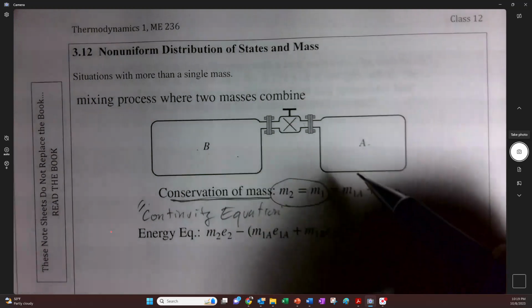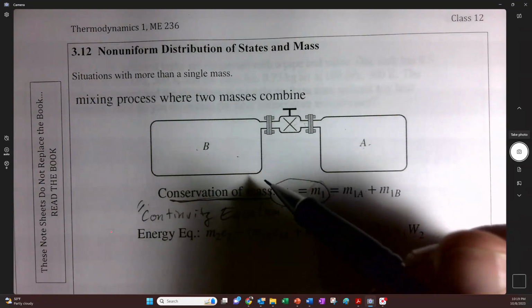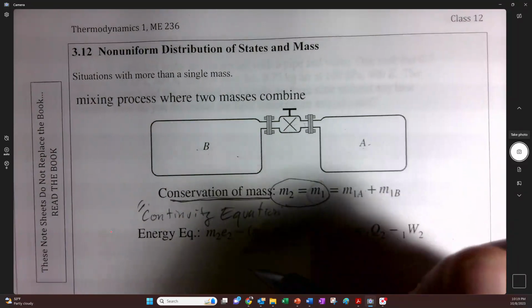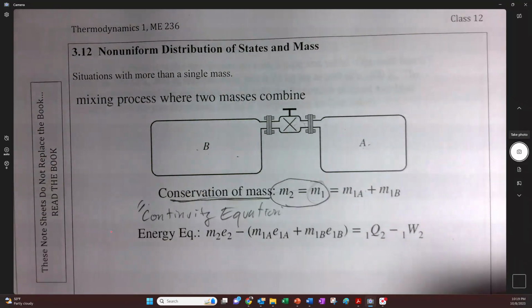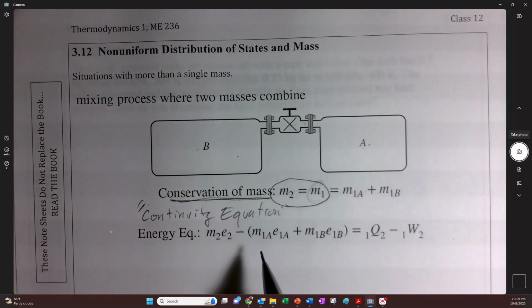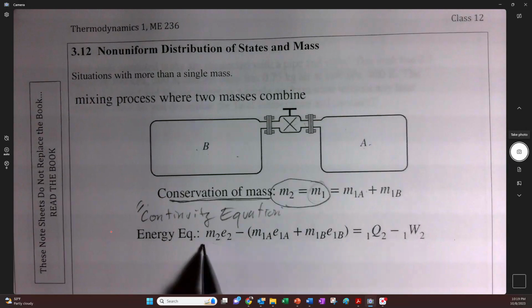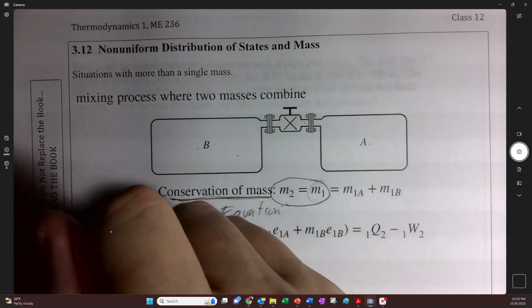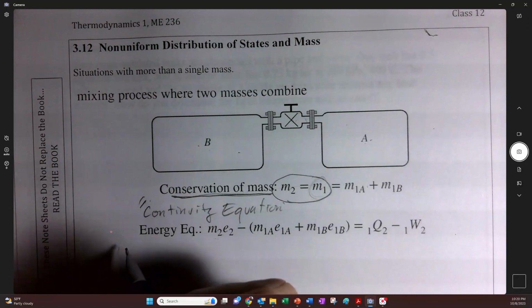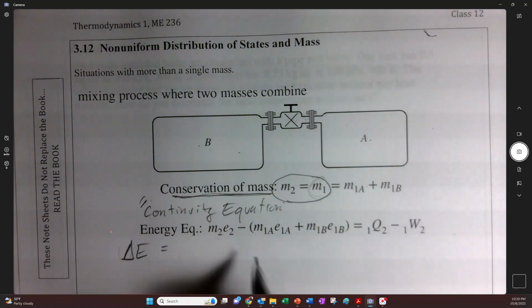All right, and we'll find for many treatments that we will do for problems, we'll use the conservation of mass and the conservation of energy, or just the energy equation. I didn't write the in-between equation for this, but early on we used this form of it where delta E was equal to, and then we started writing things out.